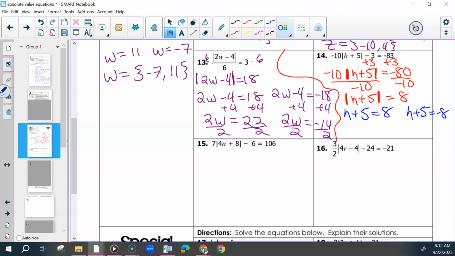And then to solve. For number 14, H equals negative 13 and 3.